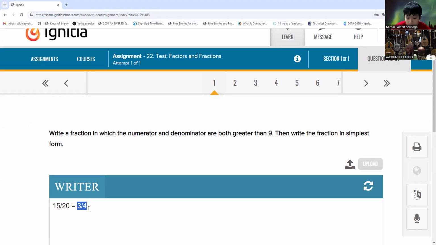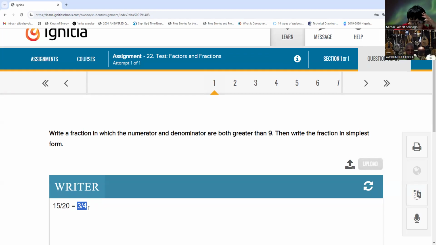Or should I give you a fraction and ask you to reduce it to lowest term? Should I give you one? Or do you want to mention one? Okay, what do you say?